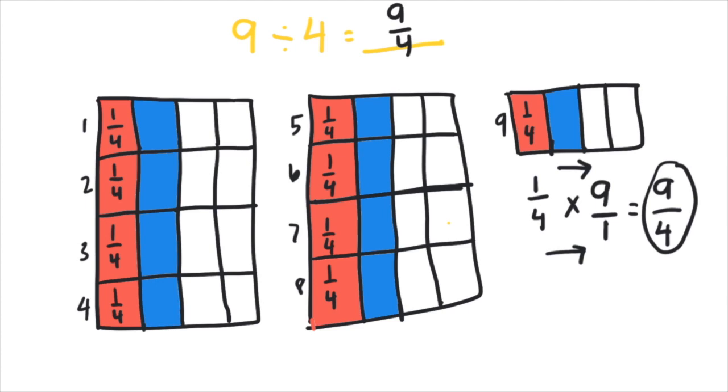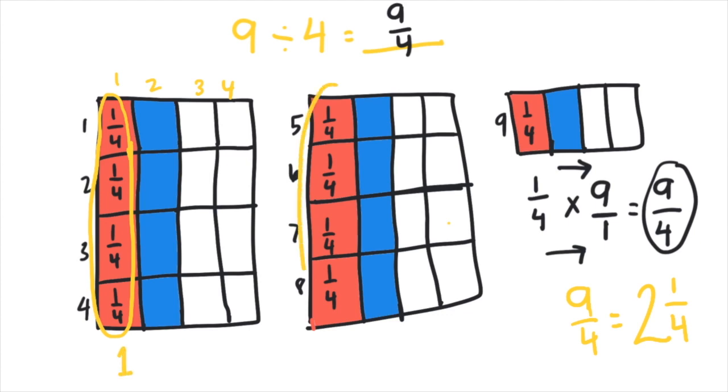Now I want to ask you, is 9/4 equal to 2 1/4? Well, if I were to think about this, I know that 4 pieces makes 1 brownie, right? If I do that, 1, 2, 3, 4. So that's one whole, right?